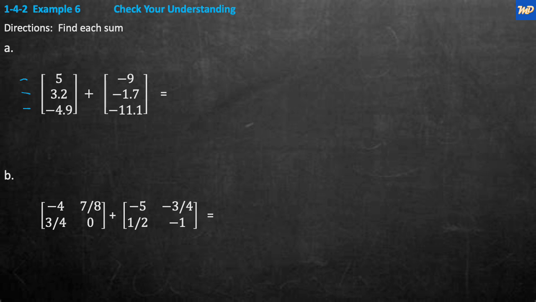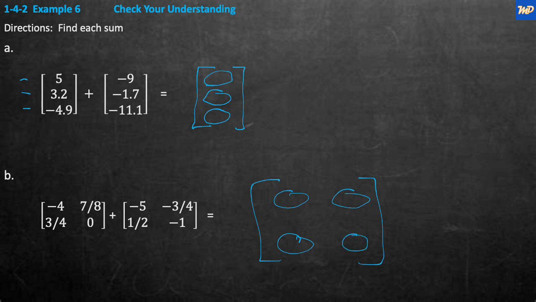So the sum is going to be a matrix that, when you're done, has 3 values in it. I'm not going to tell you any more than that. These are just like what we previously did. So go ahead and give it a try. I'll wait for you.